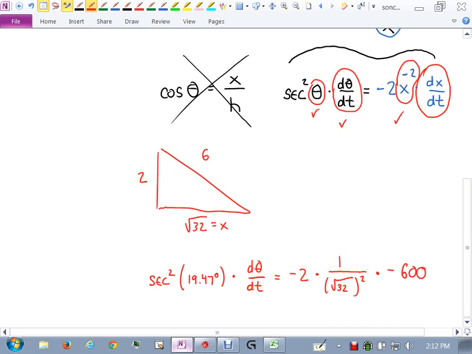What happened there? Where did that 1 over root 32 squared come from? x to the -2 really means drop x down to the bottom and square it. So that is 1 over x squared, which is the same as x to the -2. Any questions on where any of this came from?